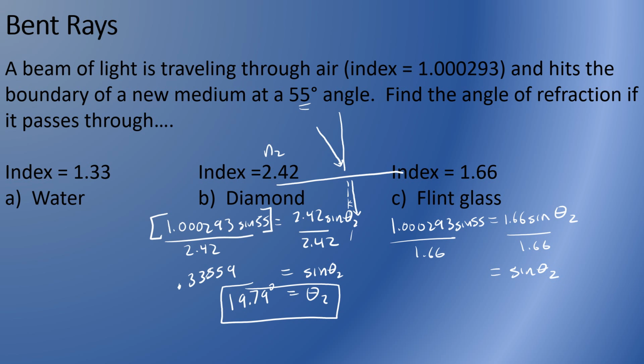And we type all of that in, making sure to do the numerator first. Then we'll divide by our index of refraction, and we'll inverse sine to get our angle. And our angle of refraction is 29.57.